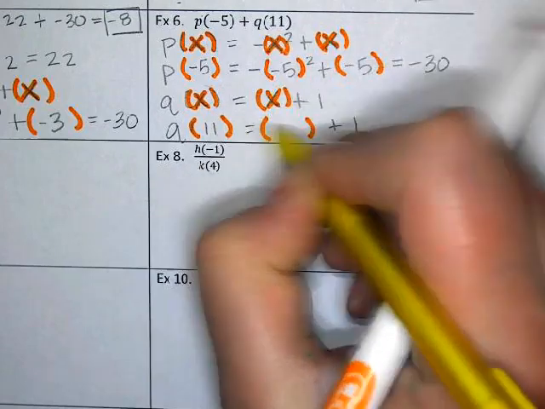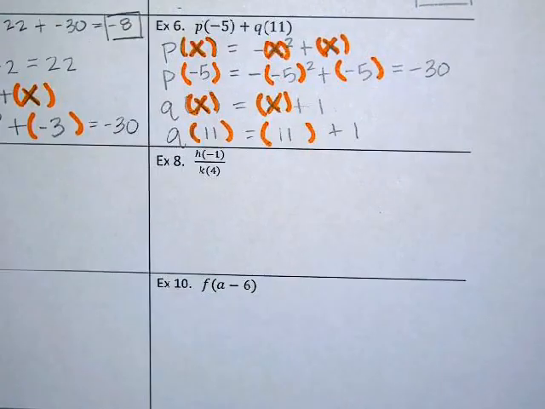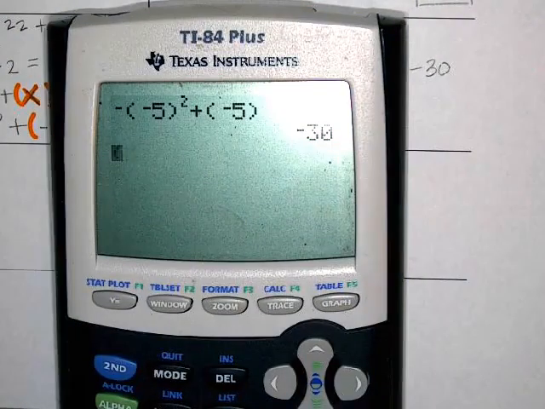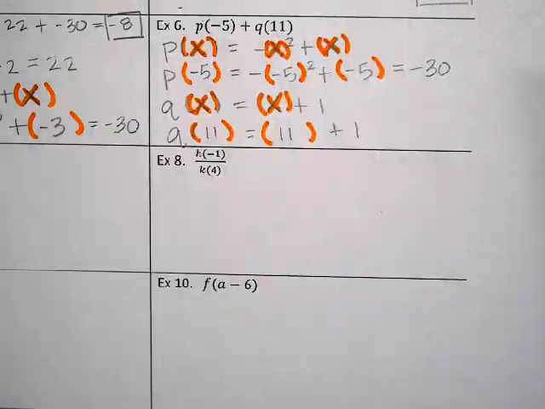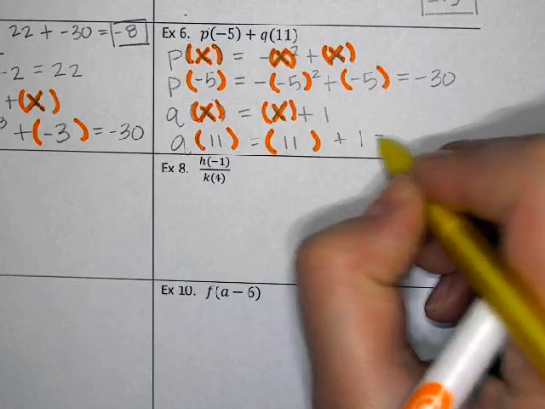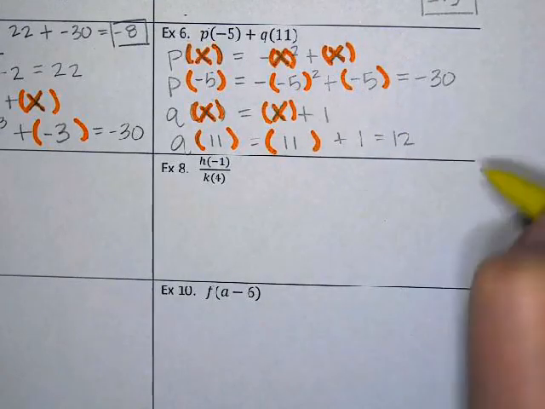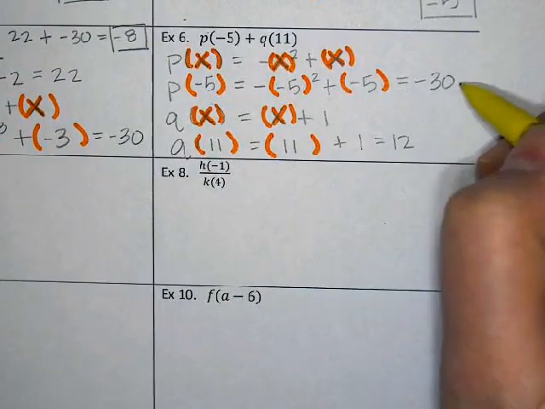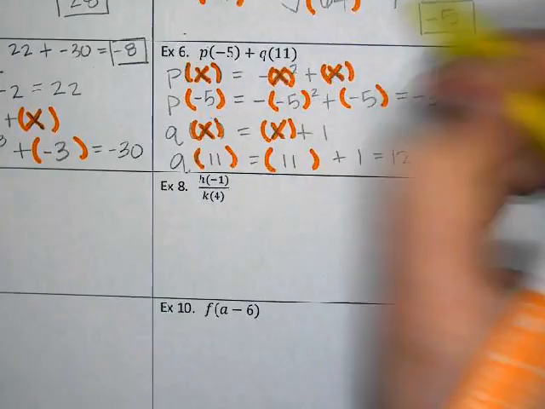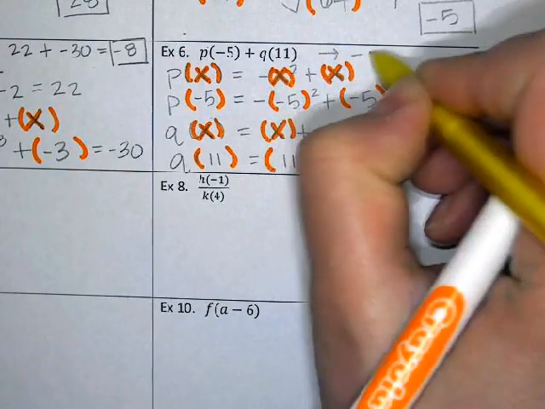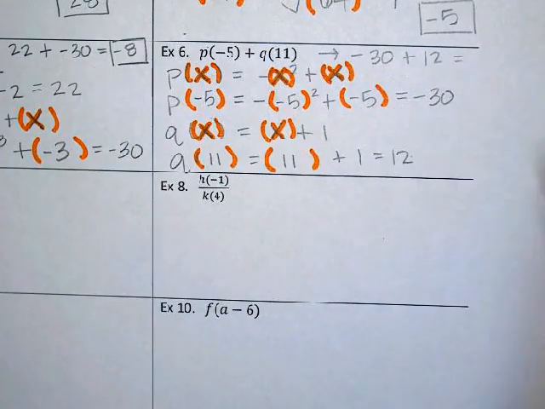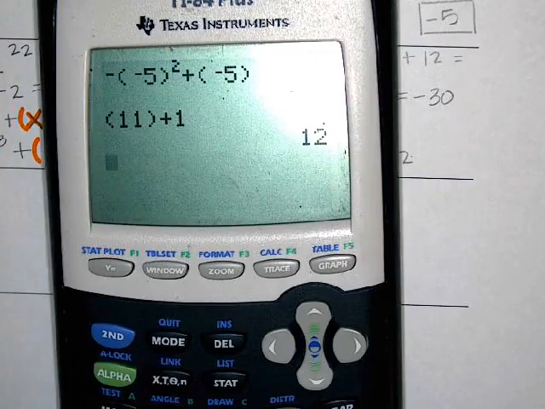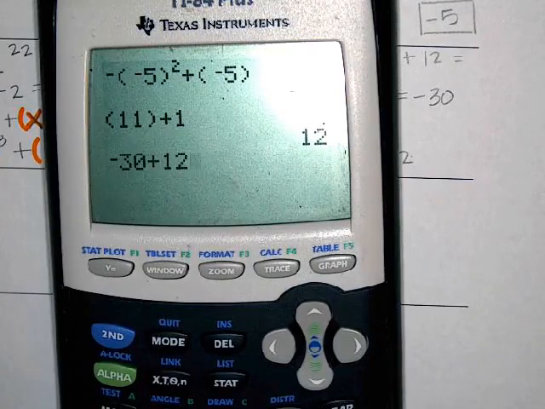So we have 11 plus 1, which is 12. So I'm going to add negative 30 plus 12. Negative 18.